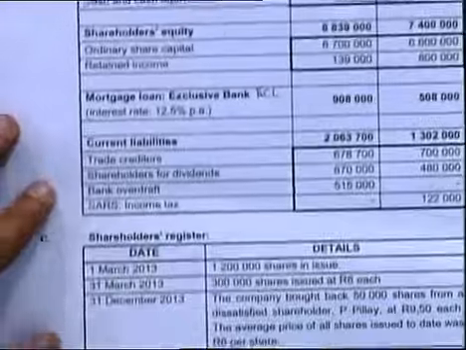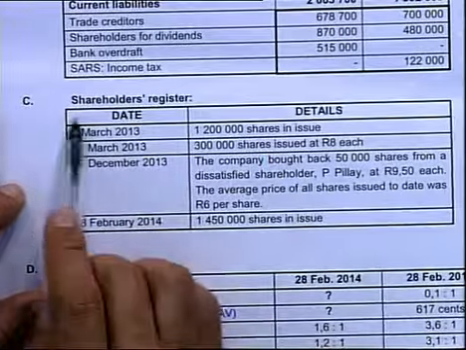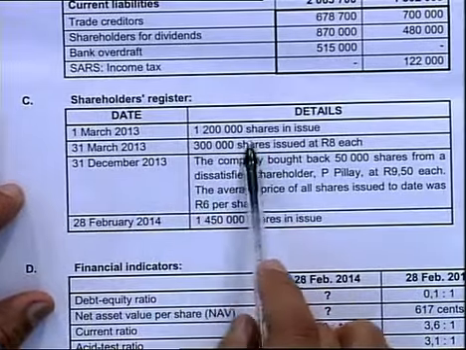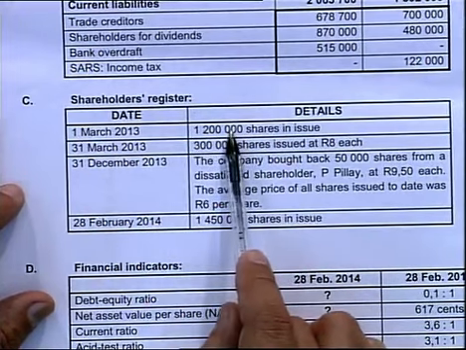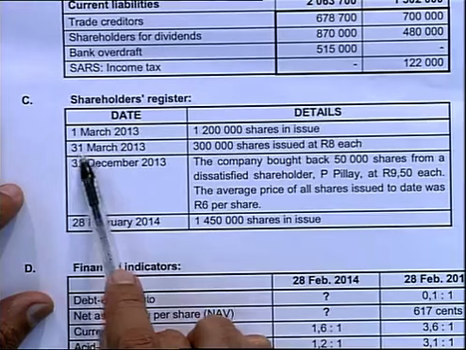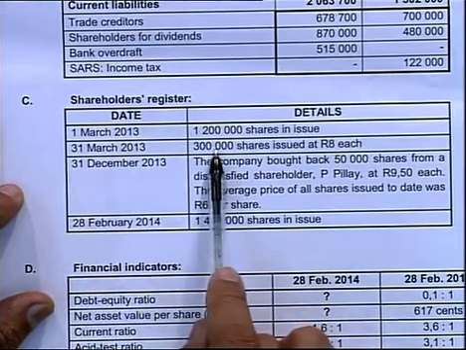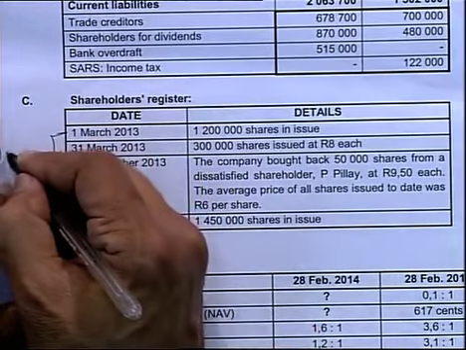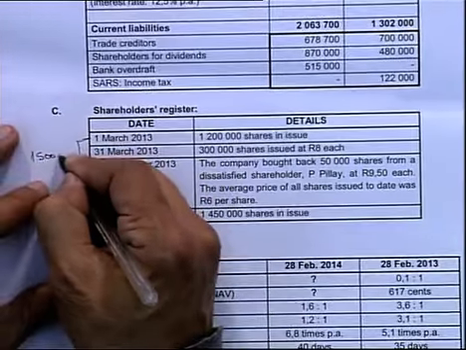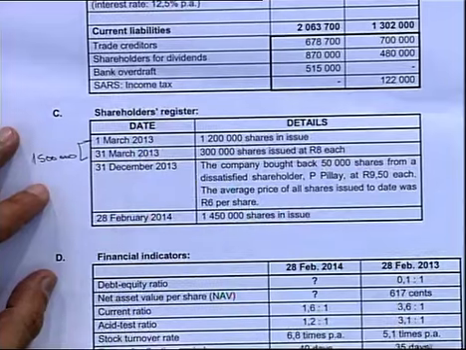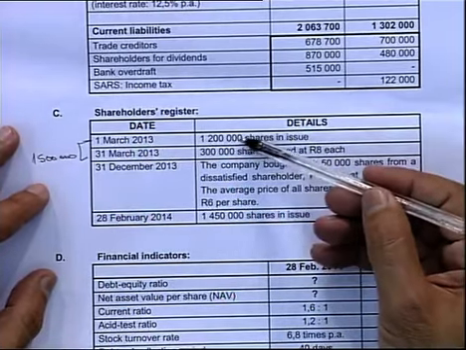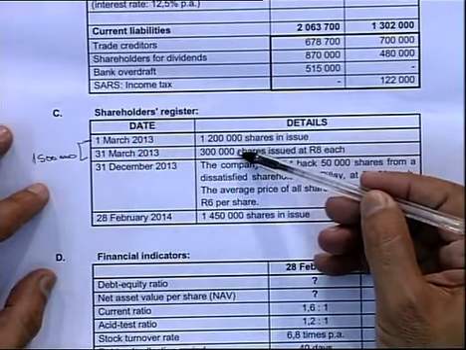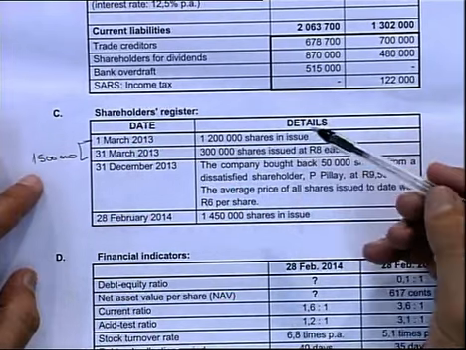Okay? Then also, they're talking about a share register, saying that we had 1,200,000 shares at the beginning of the year. Then on the 31st of March, we've issued an extra 300,000. So after the 31st of March, we have 1,500,000 shares. Okay? So the 1.2 million plus the 300,000 gives me the 1.5 million.